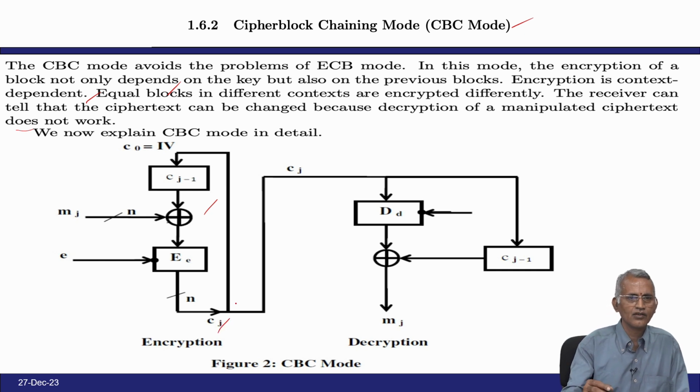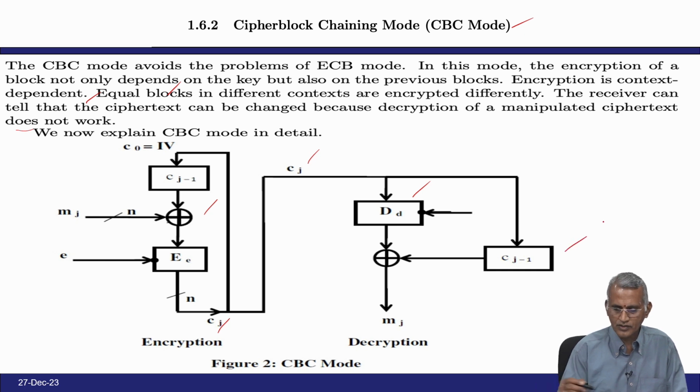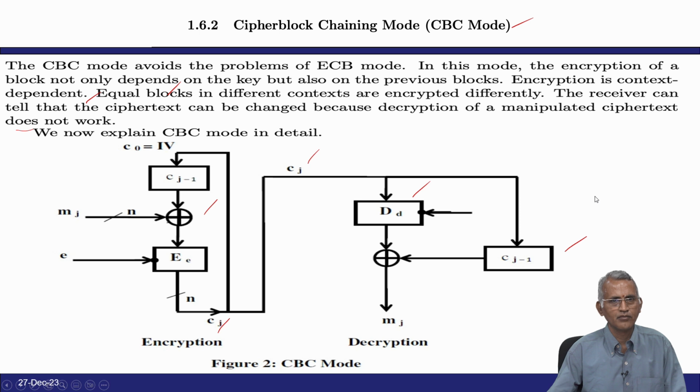For decryption, the key is given, and the corresponding decryption D_k is applied, and the process goes on with C_{j-1} until the initial value of the original message m_j comes. So, that is the meaning of this cipher block chaining mode.